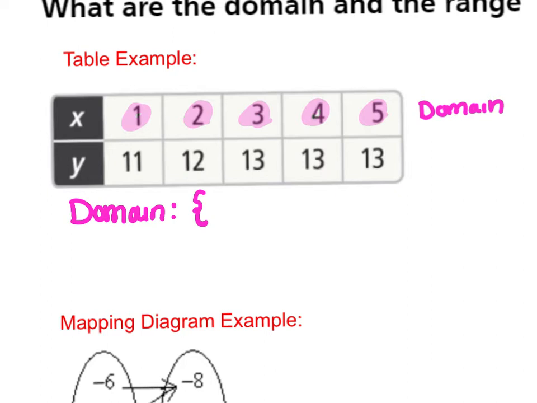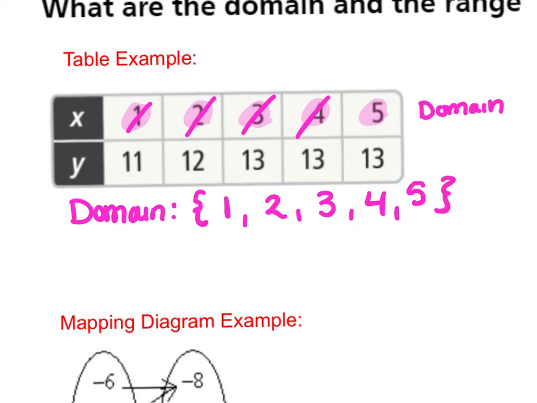Now, all of them are individuals, so we don't have to double check. And now I'm just going to list them in order from smallest to biggest. So the smallest number is 1, then the next smallest is 2, the next one is 3, 4, and 5. So in this case, they were in order, but that won't always happen for us.